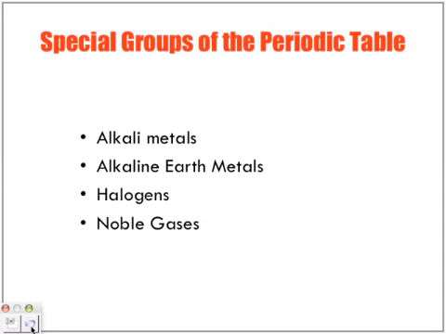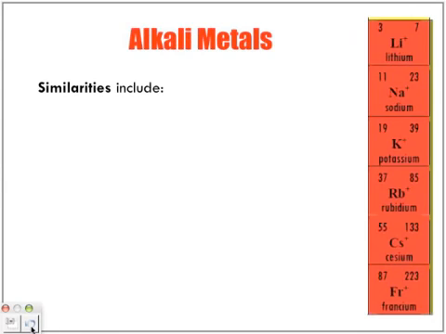Let's look at each of these chemical families, starting with the alkali metals. Notice which atom is not drawn here: hydrogen. Even though hydrogen is in the same group, it is not considered an alkali metal. Hydrogen is an element on its own, and some periodic tables will actually separate it a little bit from the rest of the table.